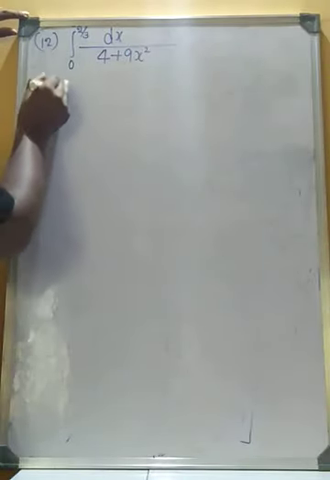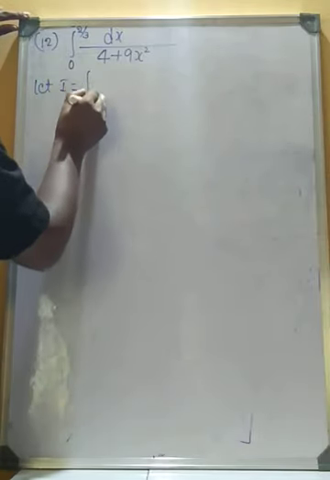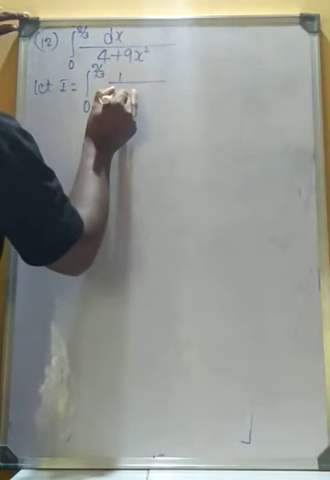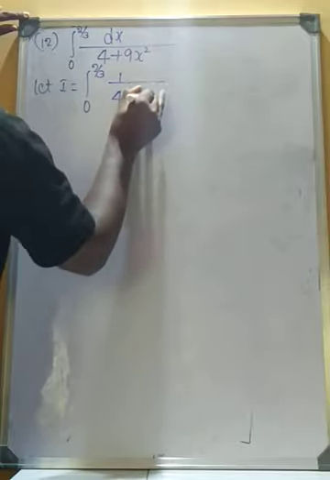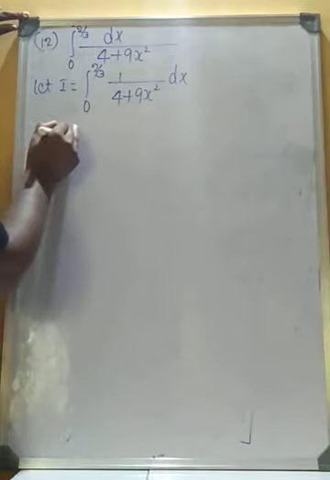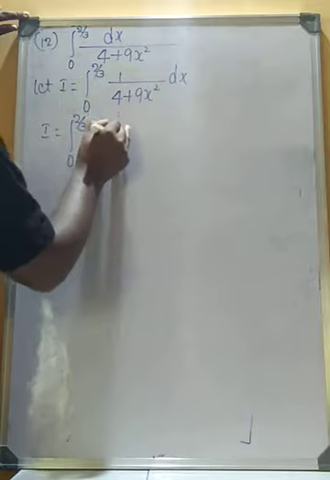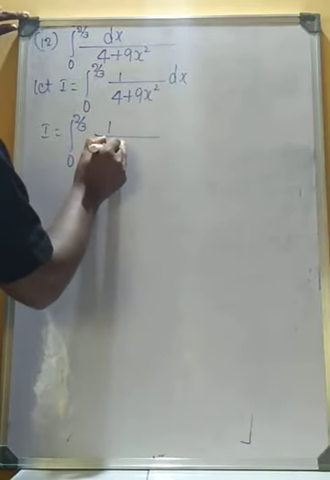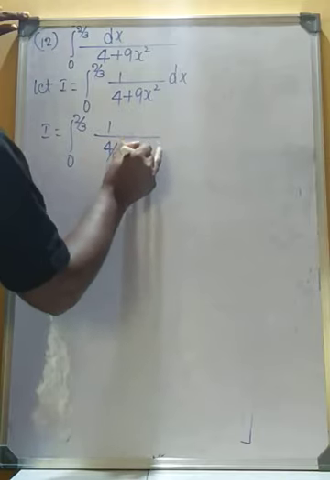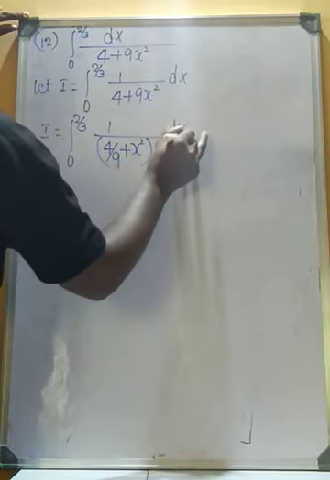So let I equal the integral from 0 to 2 by 3 of 1 by 4 plus 9x square into dx. Therefore I equals integral of 1 by 4 divided by 9 plus x square into 9. Take common 9.